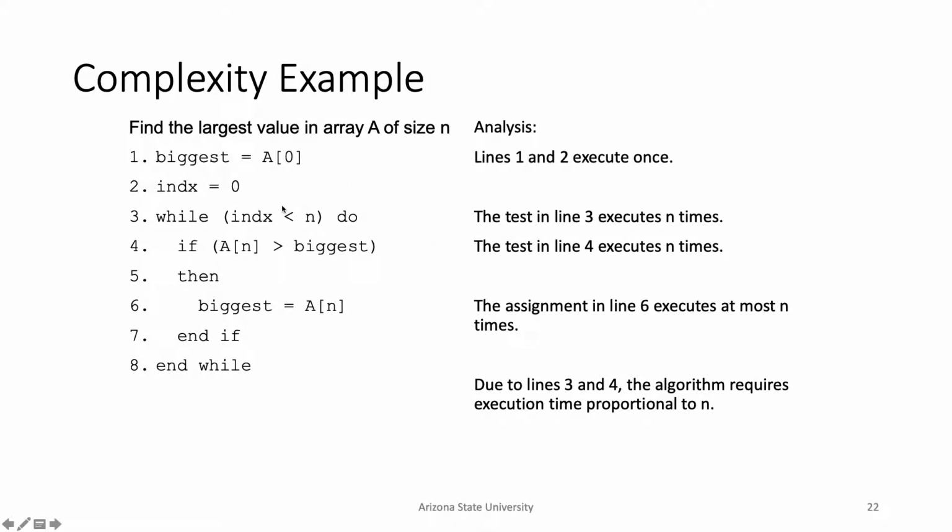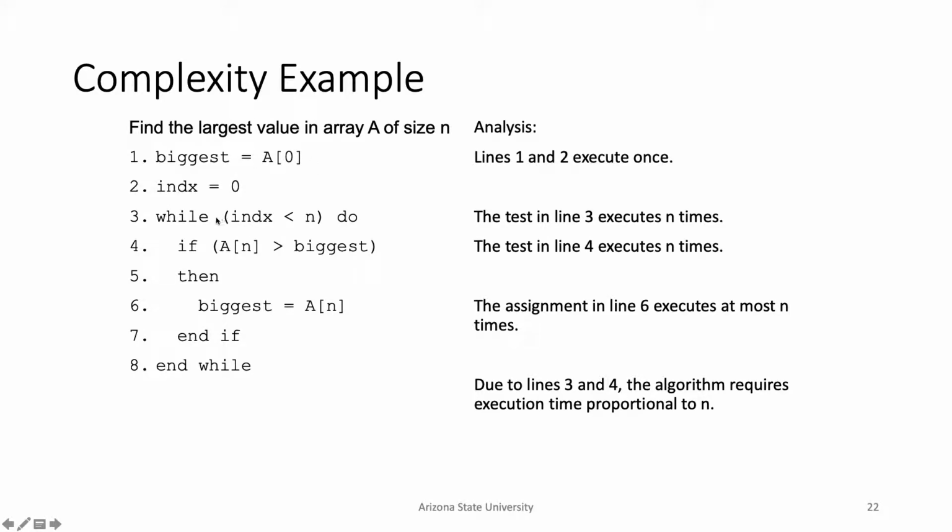This is basically finding the largest element in an array. It's not actual C++, so it's written more in English, but you can translate it into C++ if you want to. So we're looking at the biggest element. It could be the index 0 thing, or it might not.